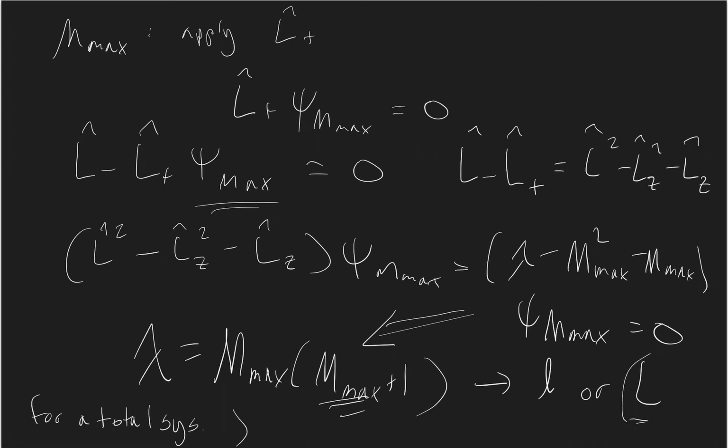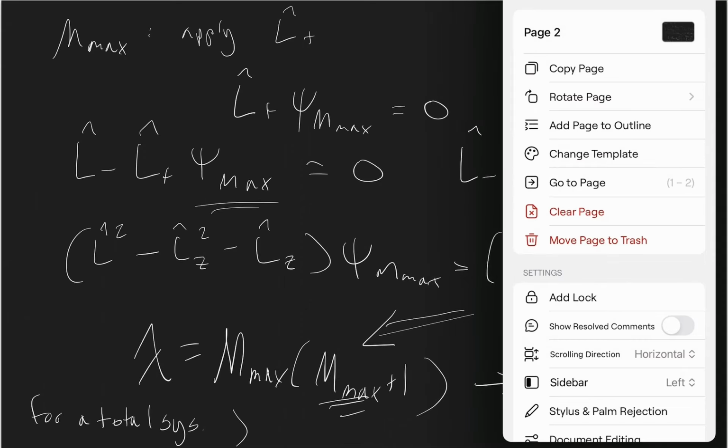But for just this part of the system, we'll call it lowercase l, and what we can have then is that the eigenvalue will be L times L plus 1 for the raising operator.